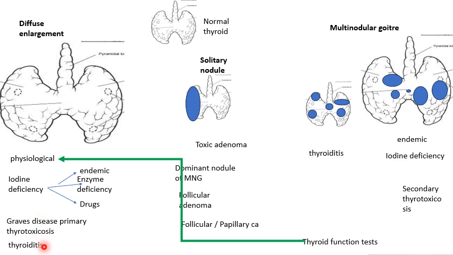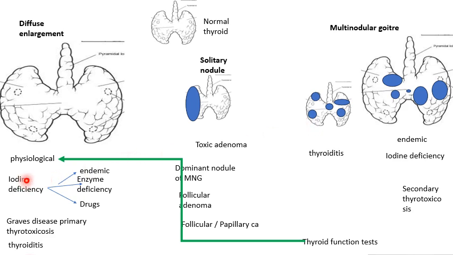Now, if you look at thyroiditis, what happens? It can slowly go into this phase. They can become multinodular. Of course, they won't be this enlarged, but they can become multinodular. See, over a period, the anatomy changes, the same pathology, but the anatomy changes. Your thyroiditis can change here.